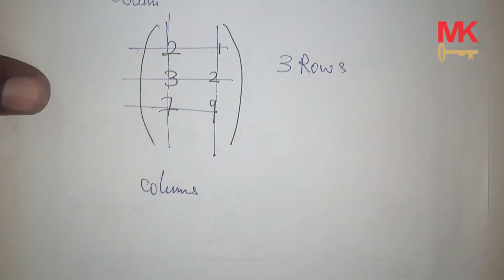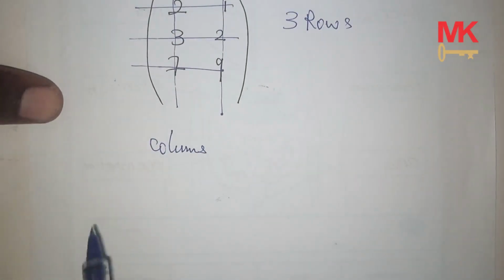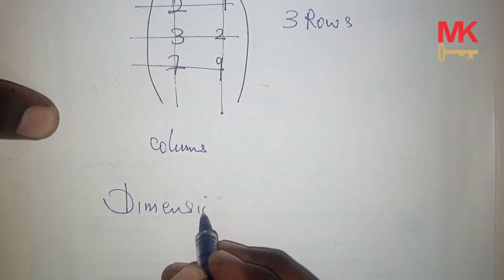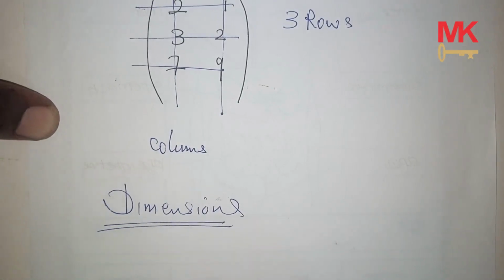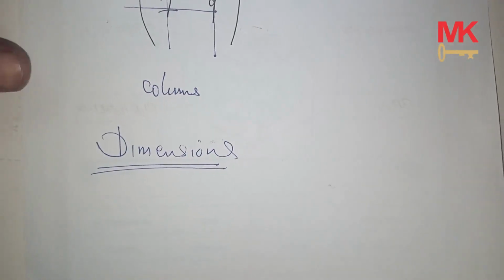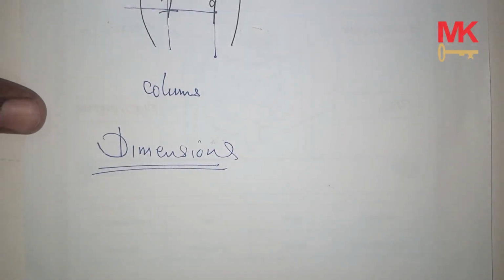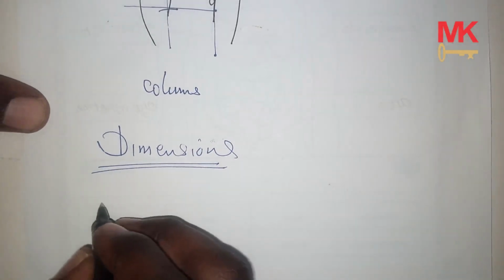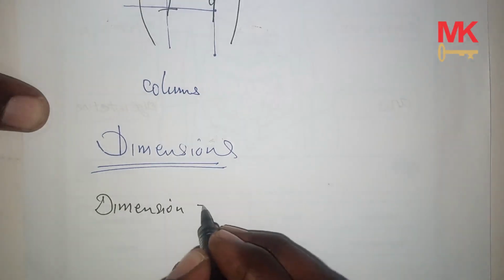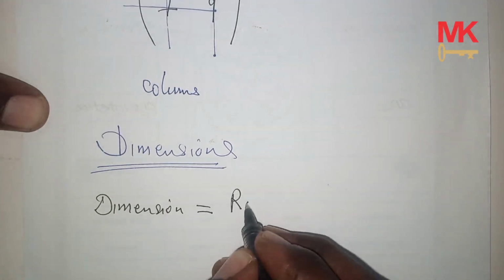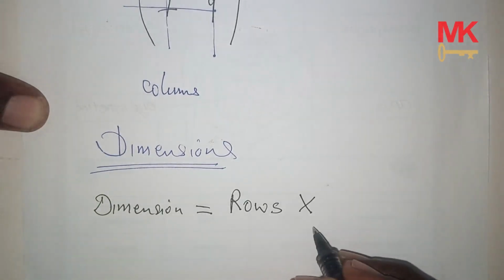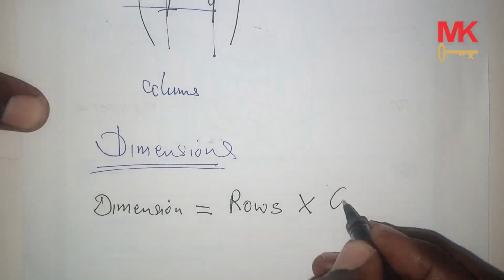And that brings us to what we call the dimensions of matrices. When we talk about dimensions of matrices, it's simply the row by the column. The dimension of every matrix is obtained by the number of rows by, this is times, we call it by when we're dealing with matrices, the column.